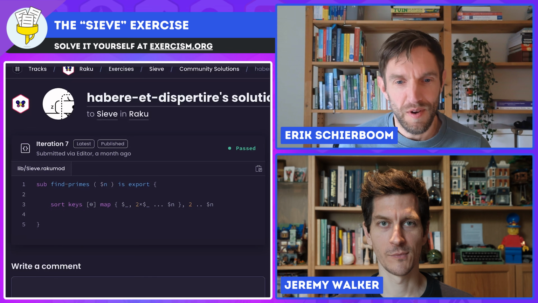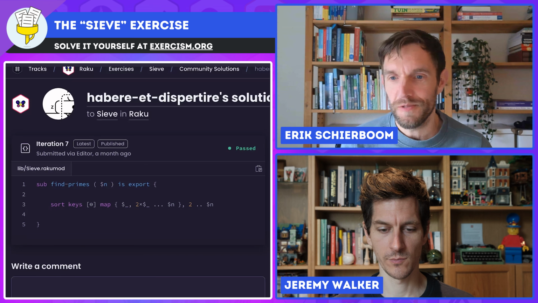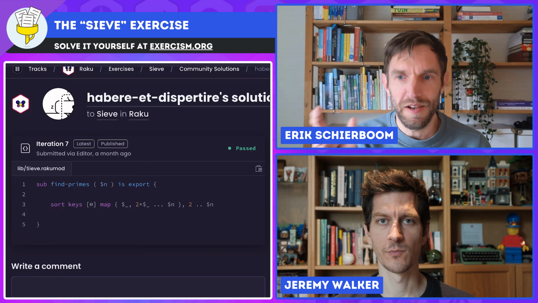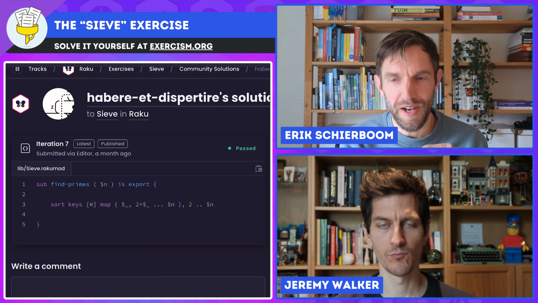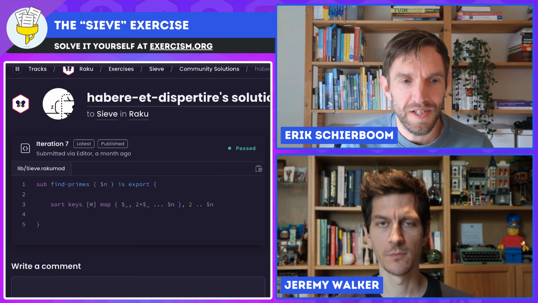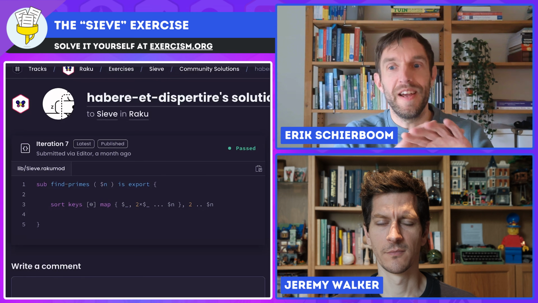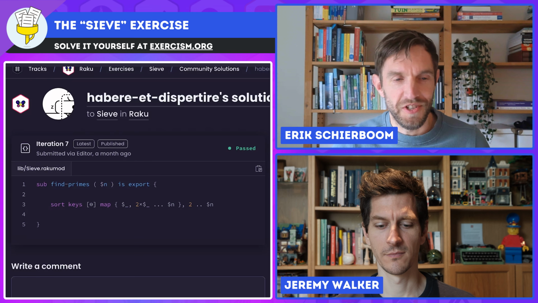What you do have to remember is that normally, if you do reduce, you take pairs of values, you reduce them, you get a new value, and then you do that with the next value. So you have this iterative process, but that wouldn't work here. This symmetric set difference works on the entirety of all those sets at once.